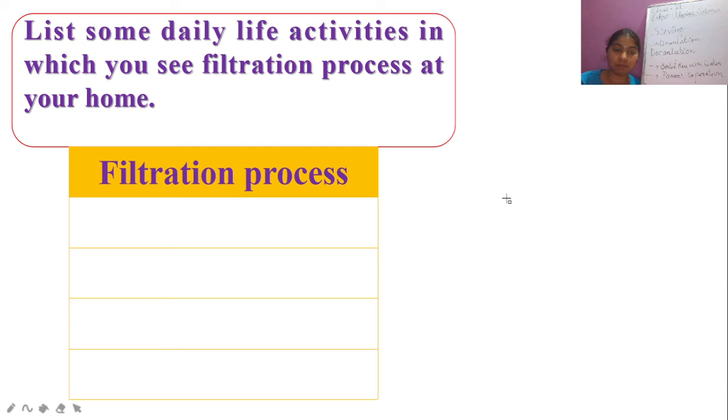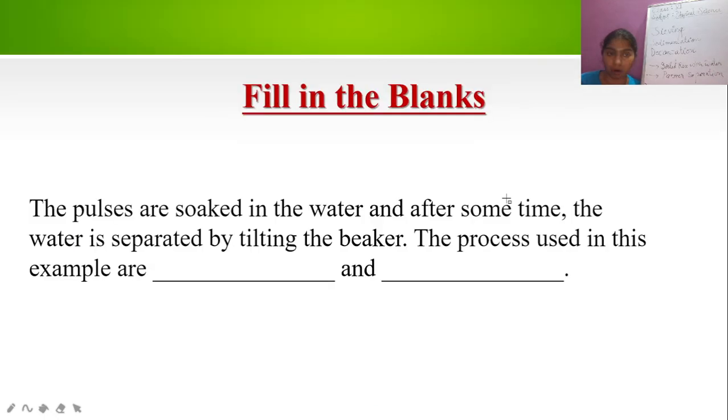These are many more examples in our surroundings, and you will be able to list all of those. First understand what the filtration process is, then work upon it. Students, the fill in the blanks is in front of you. Read the statement first, then go with the answer.